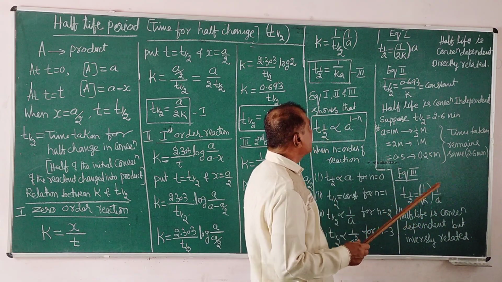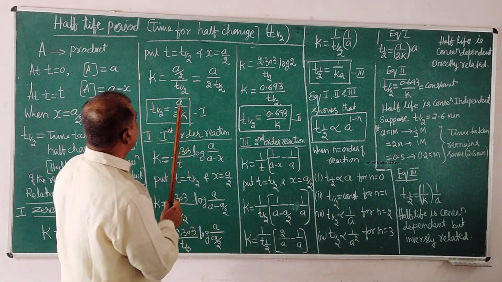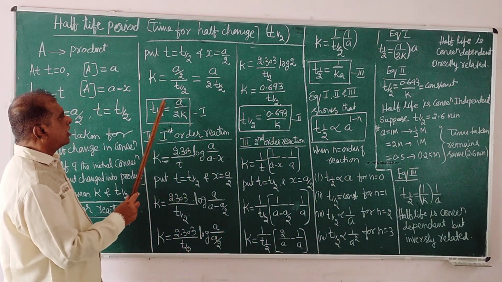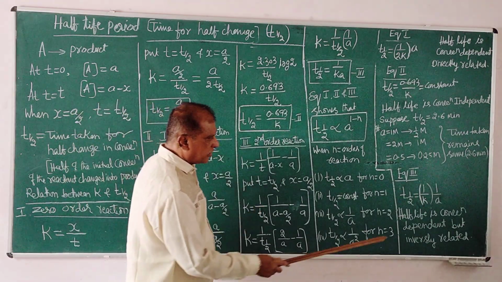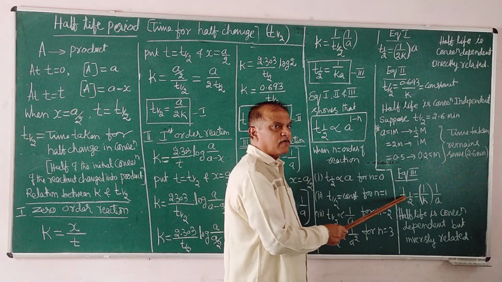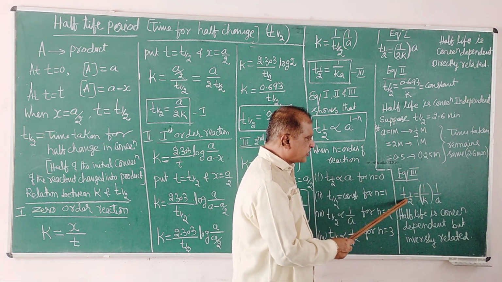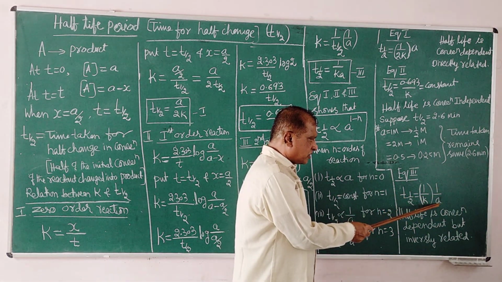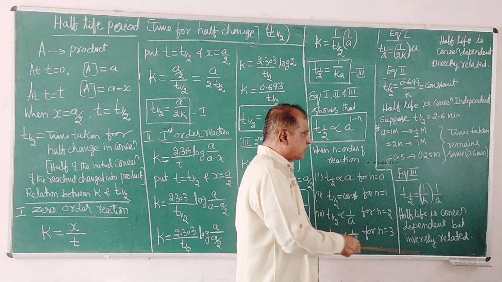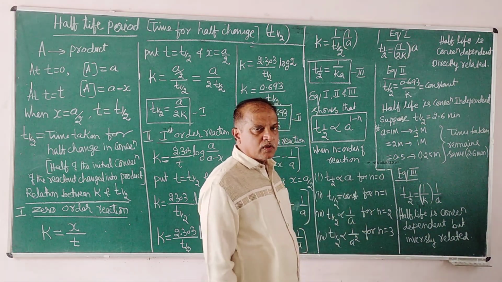The difference here: in zero order, higher the concentration, higher the half-life; in second order, higher the concentration, lower the half-life. So half-life is a function of concentration, but inversely related. That is the explanation.